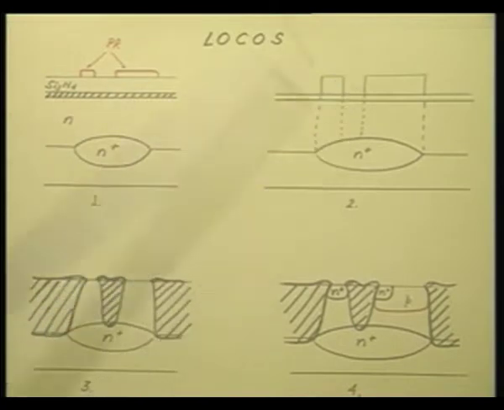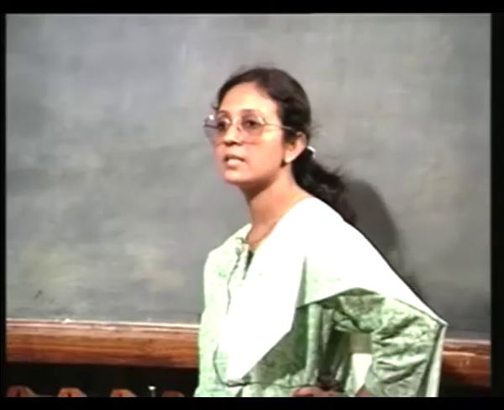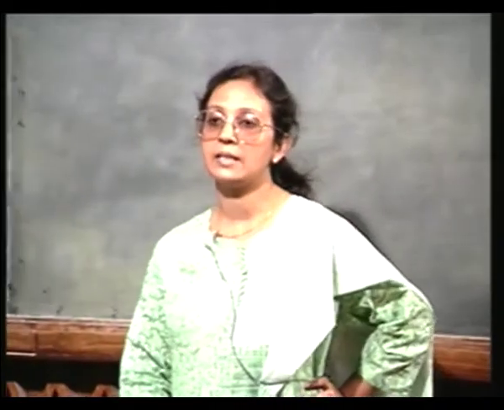Reactive ion etching is usually adopted, so that you have highly directional etching. Okay. So, this is called recessed oxide. Recessed oxide, that is, you first create a recess in silicon and then you oxidize it.